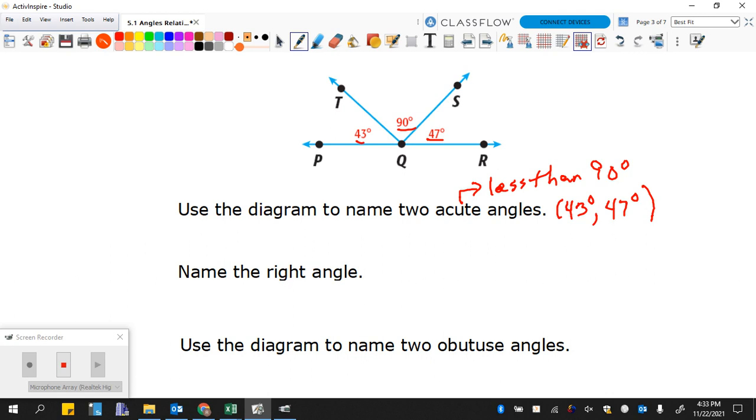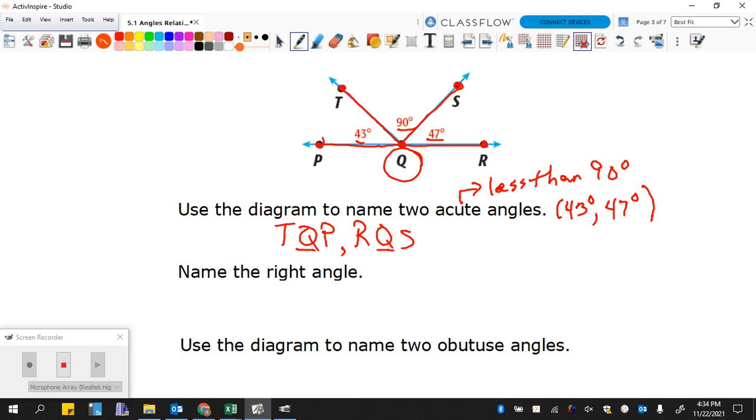The 43-degree angle, we start up here with T, come down to Q, and then come over to P. So that's TQP, or we could have said PQT. The 47-degree angle is SQR, or RQS. With both of these angles, you can change the order around backwards as long as Q, the vertex, is the middle letter.